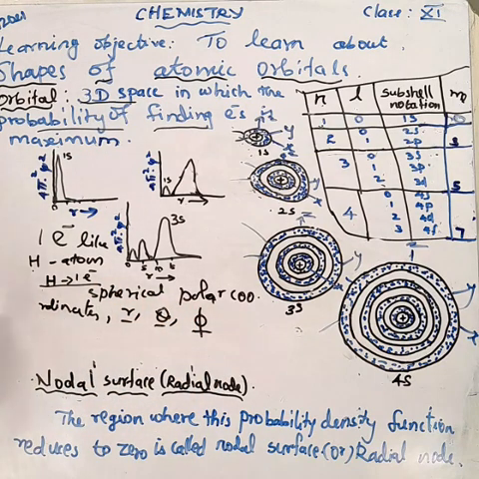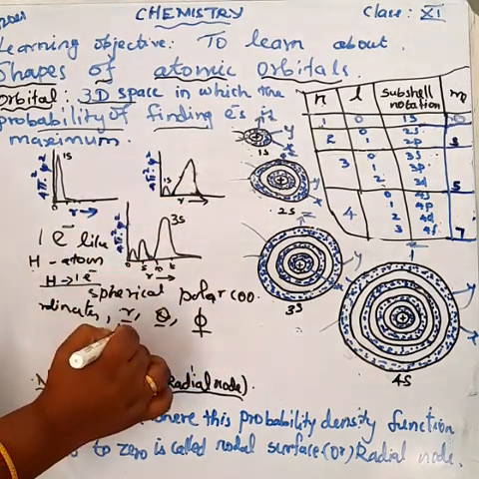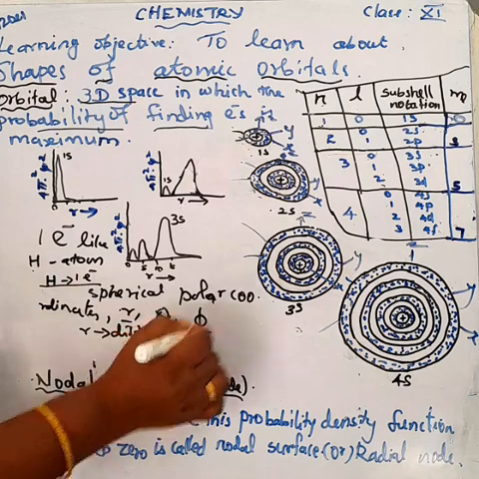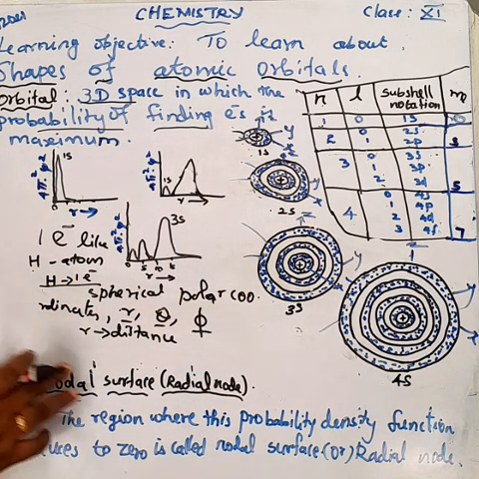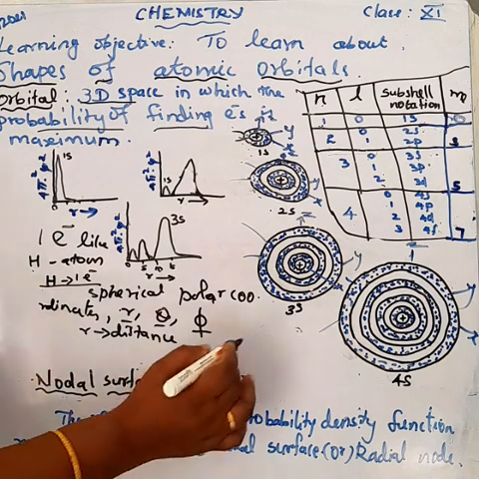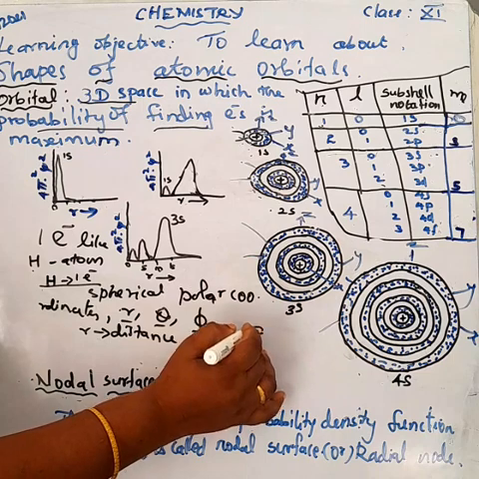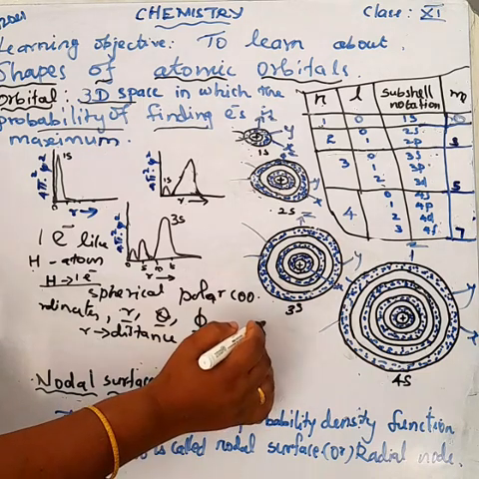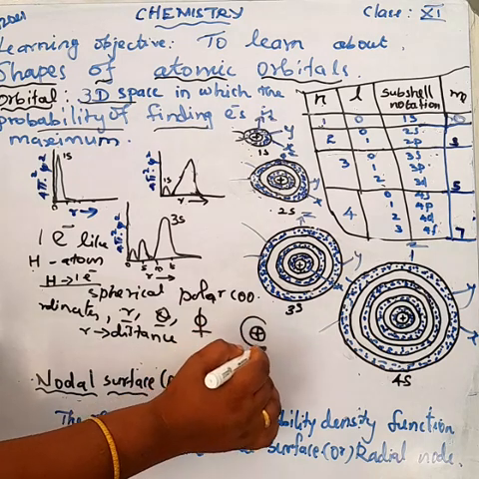Here r means the distance between the nucleus and the electron. Consider one of the s orbitals, this is the nucleus.